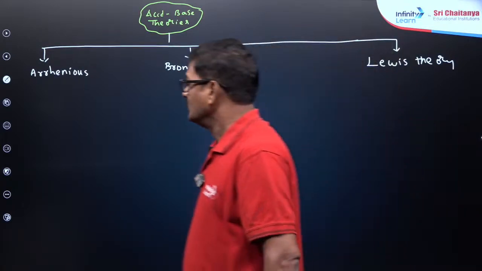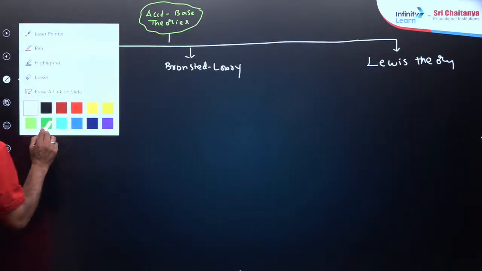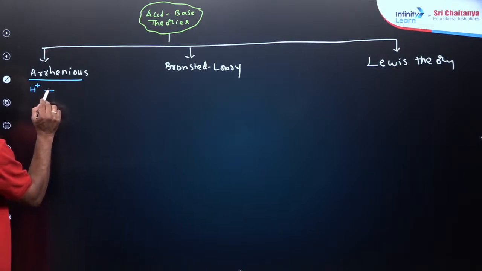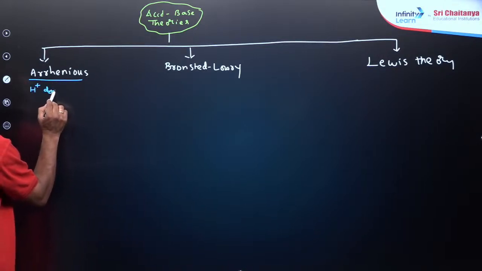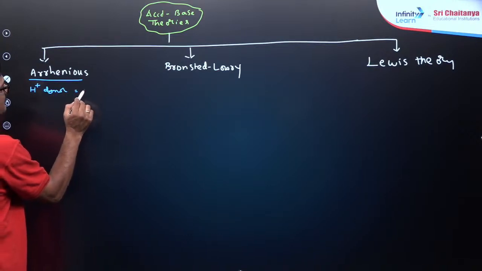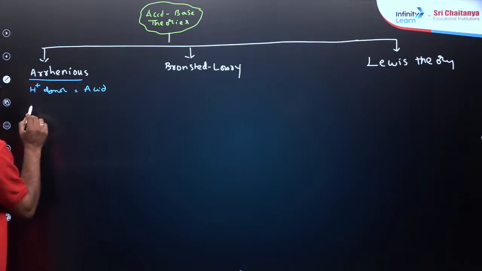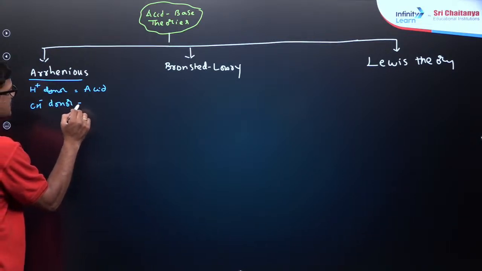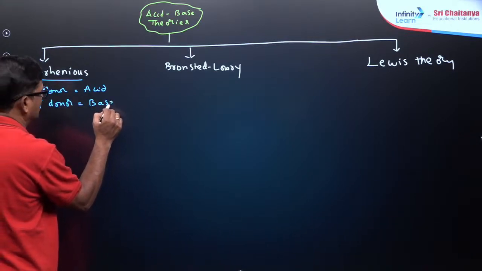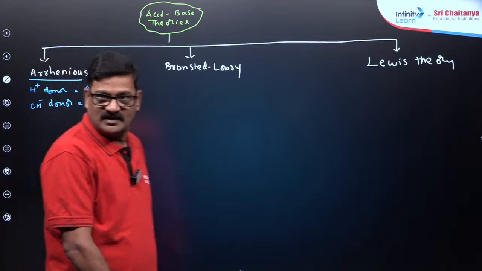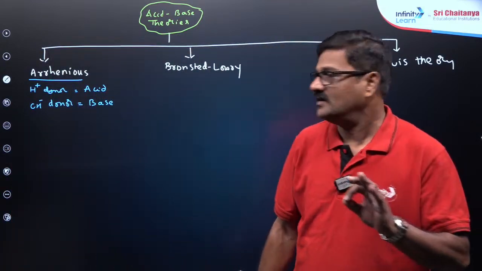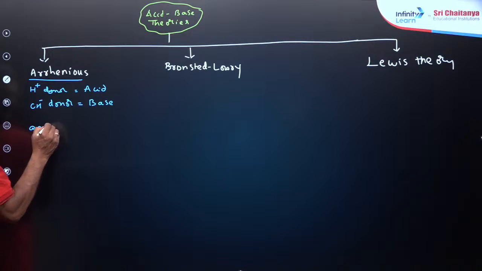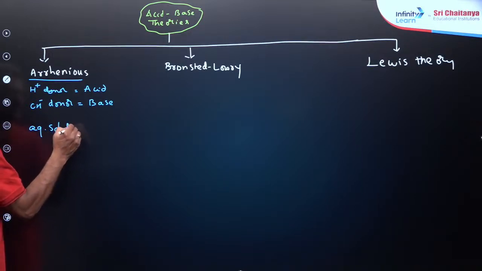So let's see the Arrhenius theory. H plus donor is an acid, and OH minus donor is a base. Bas itna hi. Ye theory sirf aqueous solutions ke liye istemaal kar sakte hain.